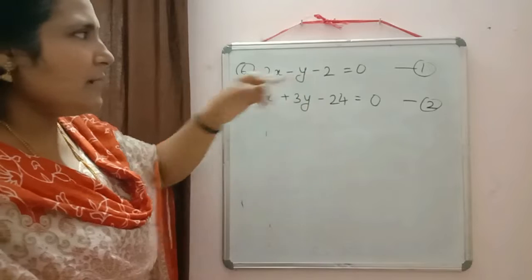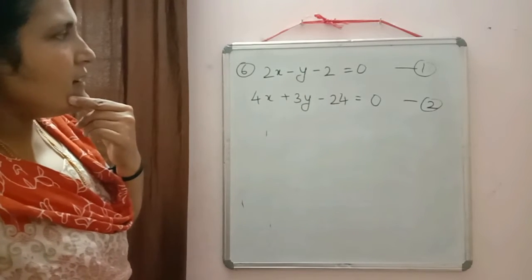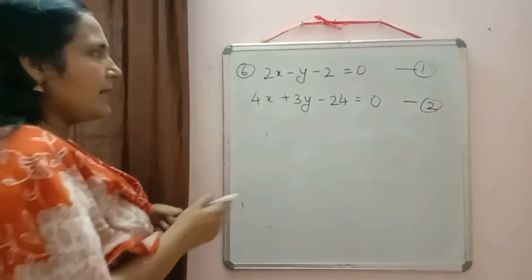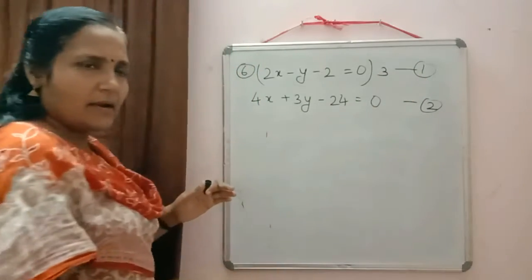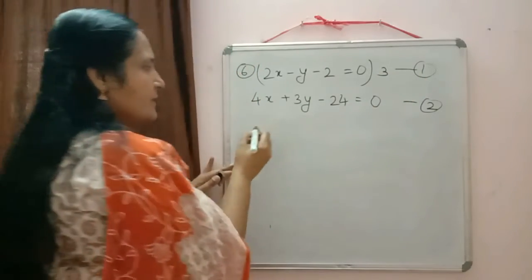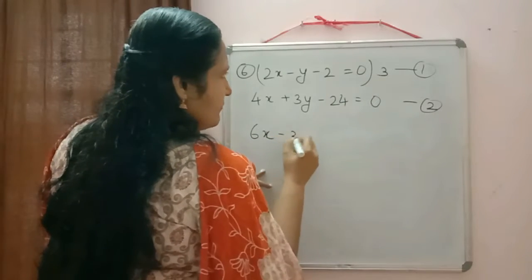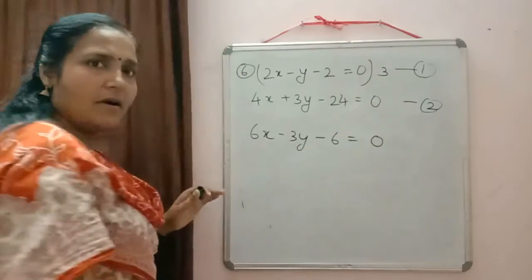So suppose I am eliminating the variable y. Okay. So what we are doing? We are multiplying equation 1 by 3. Only equation 1 we have to multiply, equation 2 not required there. So multiplying by 3, it will be equal to 6x minus 3y minus 6 is equal to 0. 3 into 0, 0.